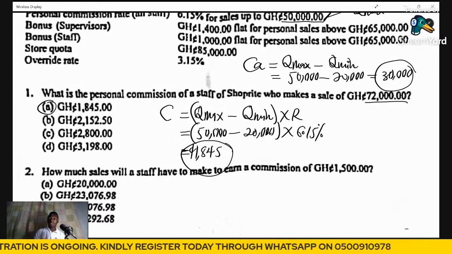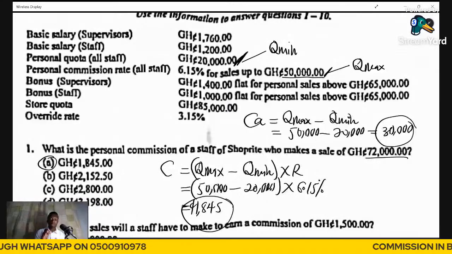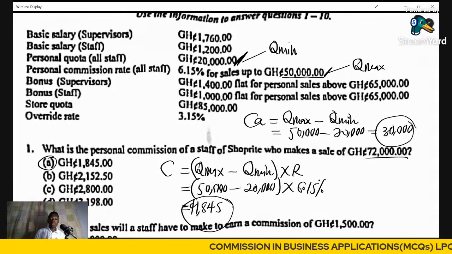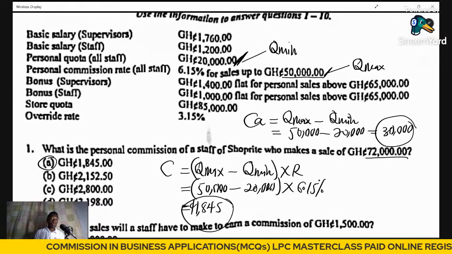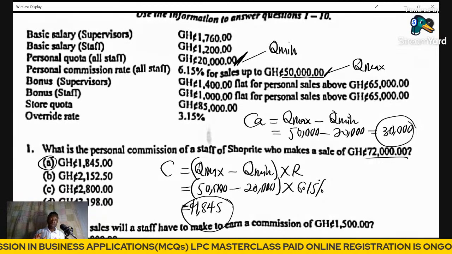we expect that you would have gotten a commission of 1,845. Whether you get 100,000 sales, 200,000 sales, or 90,000 sales, since you are restricted that to earn a commission of 6.15%, it is within the range of the minimum quota of 20,000 up to 50,000. It's that range that you can earn a commission. So it doesn't matter the number of sales that exceeds the maximum quota.